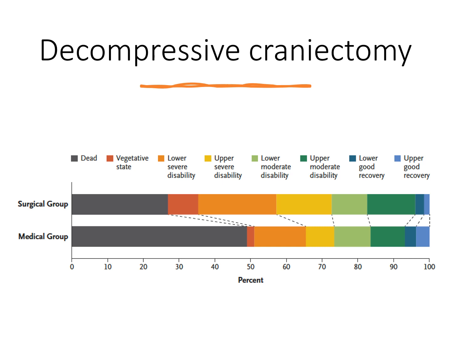So actually, by doing decompressive craniectomy, we're probably allowing more people to survive in a worse state that perhaps they wouldn't want to be in. So it's useful data for informing discussions around whether to choose to progress to a decompressive craniectomy or not.